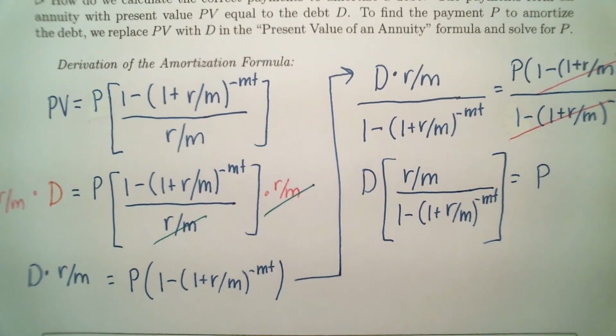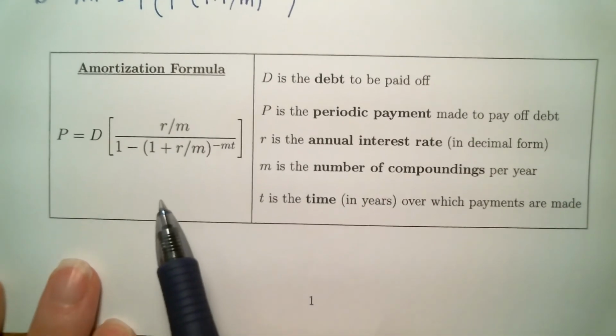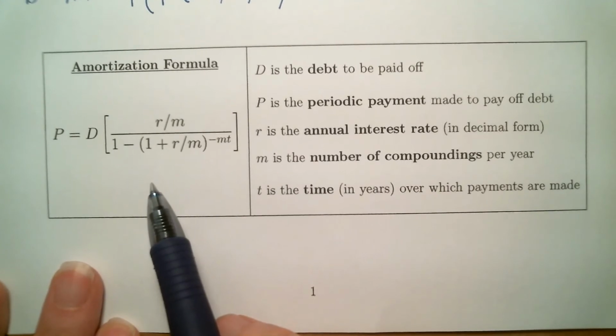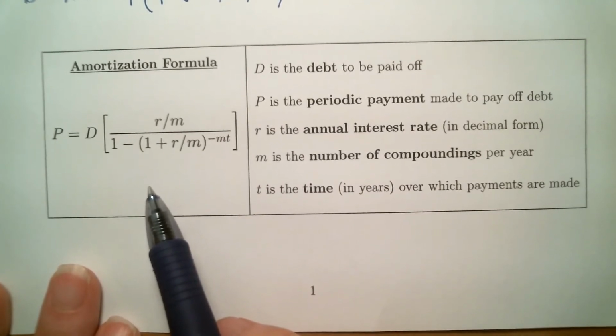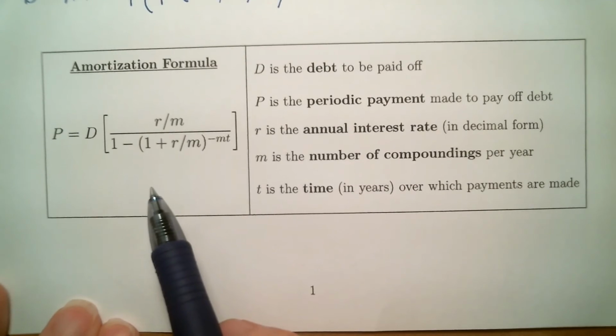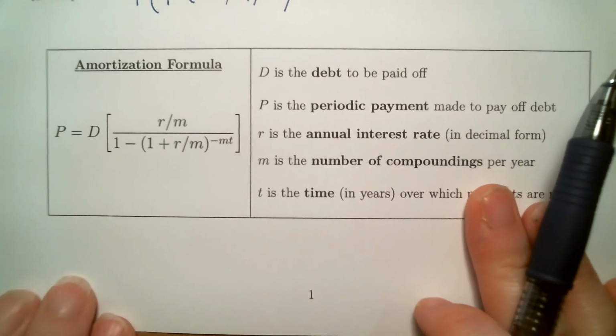I do want you to know though that the amortization formula and the present value of an annuity formula are the same formula. So one more time, the present value of an annuity formula and the amortization formula are the same thing. The only difference is that PV and D are equivalent.